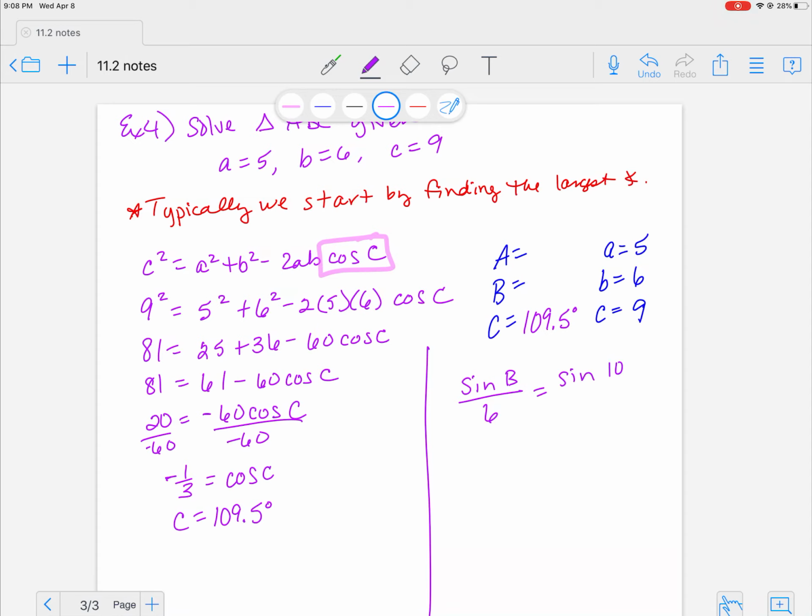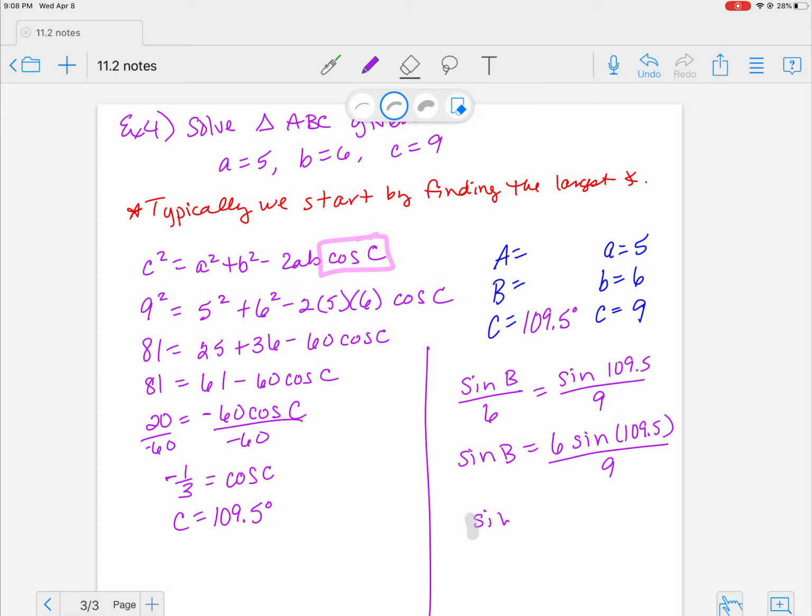So if I have sine of B, if I go and find the next one here, sine of B, because that's what I'm trying to find, over 6 is equal to the sine of 109.5 over 9.